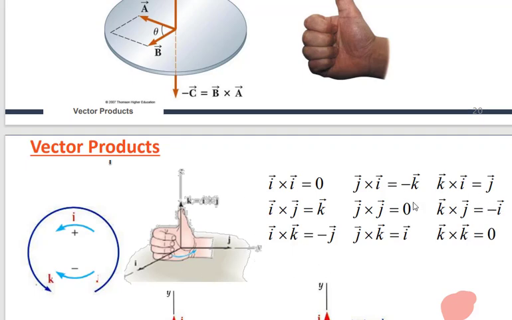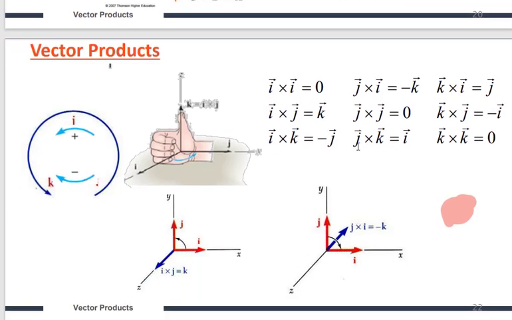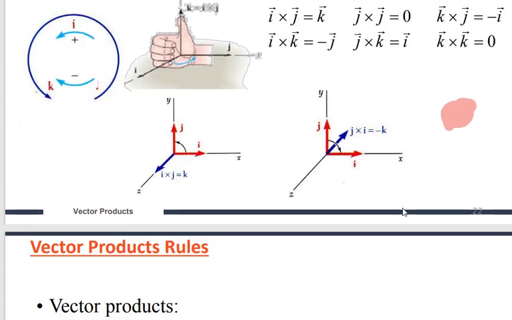This will be positive, and the opposite will be negative, because cross product will always be negative in the reverse order. Remember, in cross product i cross i is equal to 0, j cross j is equal to 0, and k cross k is equal to 0. Remember this one, shabab, because this is very important for your quiz. i cross j is equal to k, but j cross i is equal to minus k. Remember this one.